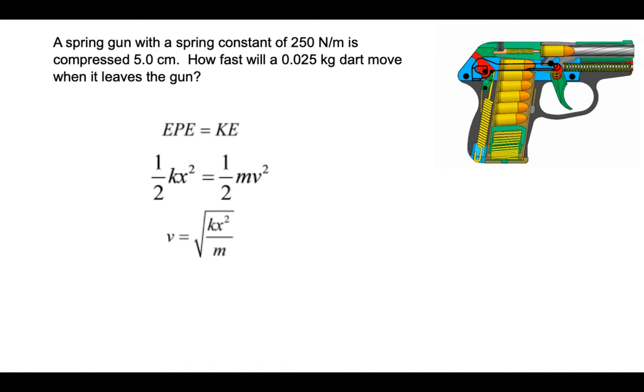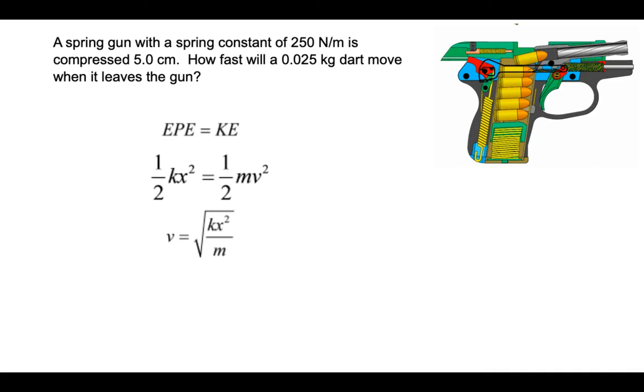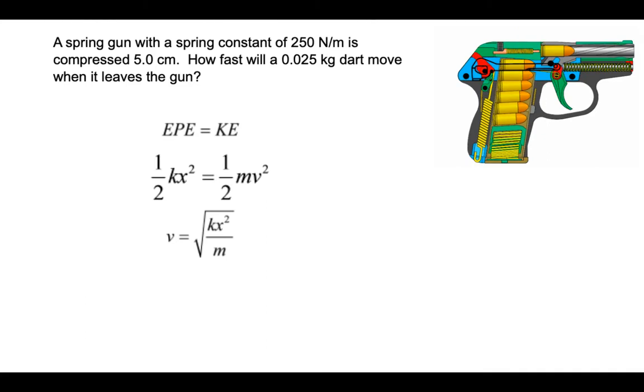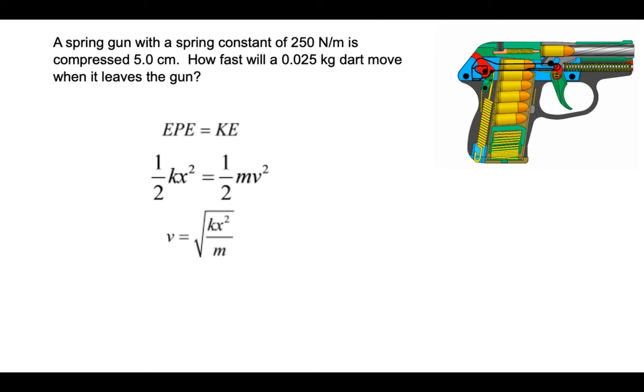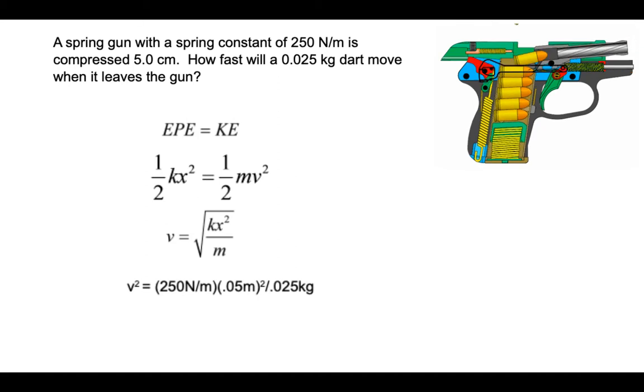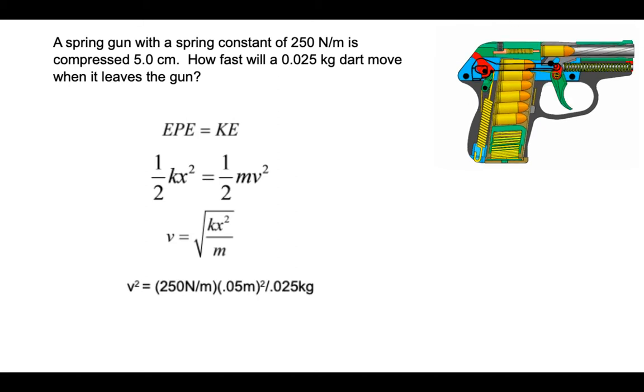Because this is launched horizontally, all of the velocity will be equal to that expression. So compression in the x will translate directly to velocity in the x. Our last step would be to plug in. We'd take the square root of 250 newtons per meter times 0.05 meters, don't forget to square it, divided by 0.025 kilograms.